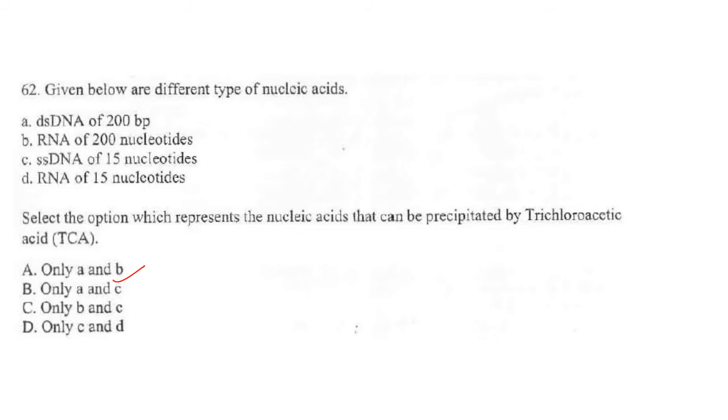So double-stranded DNA of 200 base pairs will be precipitated, and RNA of 200 nucleotides also will be precipitated. So A and B, that is option A, will be correct. Whereas single-stranded DNA of 15 nucleotides and RNA of 15 nucleotides will not be precipitated because nucleic acids longer than approximately 20 nucleotides will be precipitated by trichloroacetic acid.